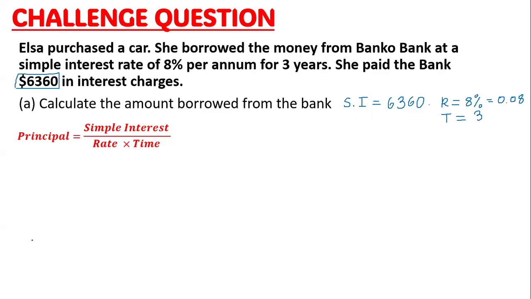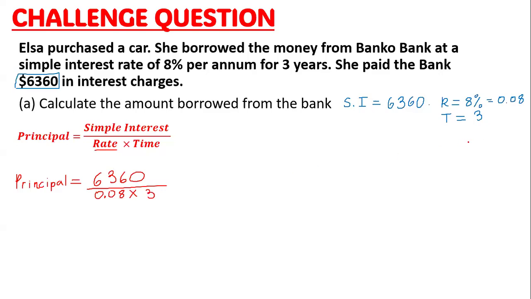The principal, which is the amount borrowed or invested, is going to be equal to the simple interest, 6,360, divided by the rate, 0.08, multiplied by the time, which is 3 years.